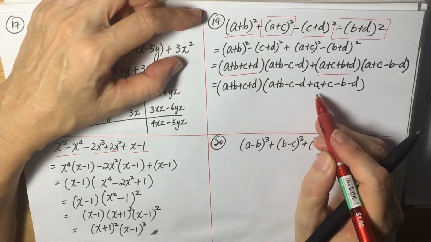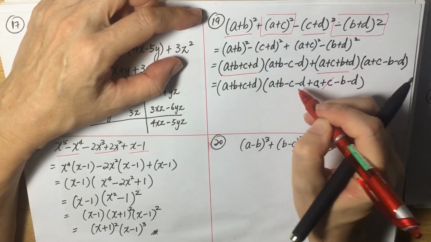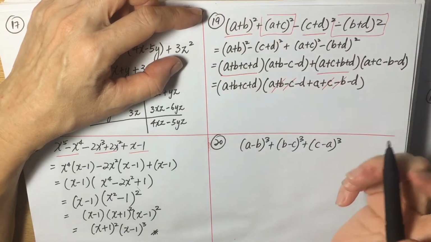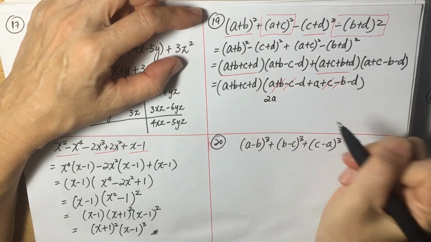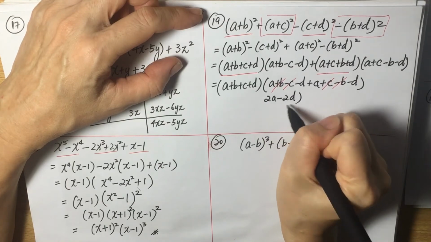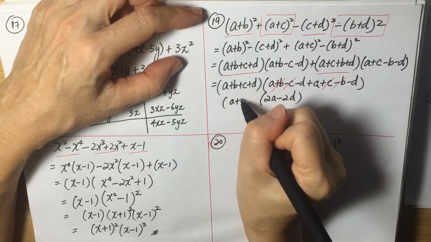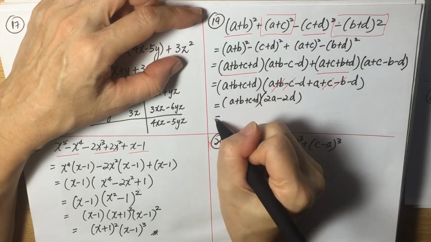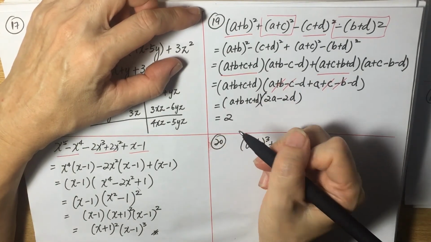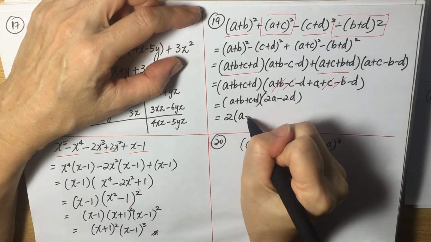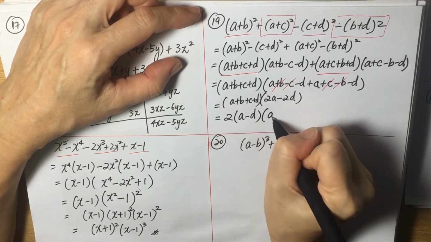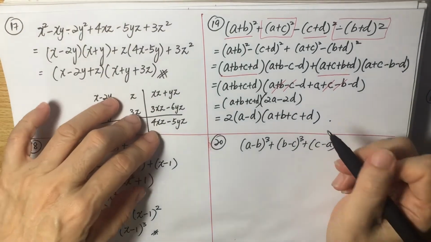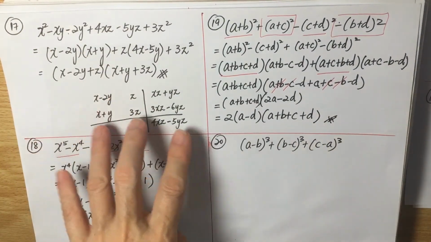So here a cannot cancel, c we can cancel, b we can cancel, d we cannot cancel. So we're getting 2a minus 2d. There's a common factor of 2. So take 2 out, I'll have (a minus d) and (a plus b plus c plus d). So I am getting this factorized form.